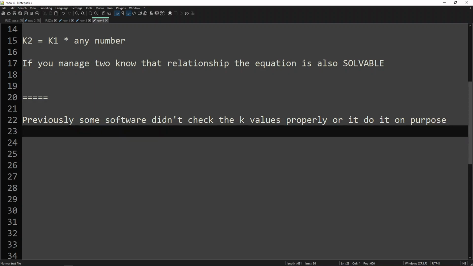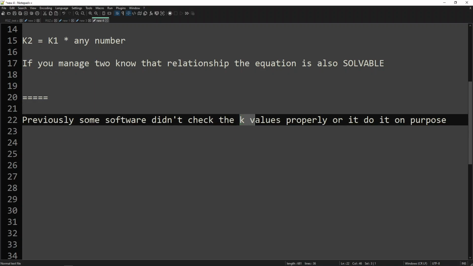And so previously there is some documented case that used the same key value for many transactions and the private key was solvable.